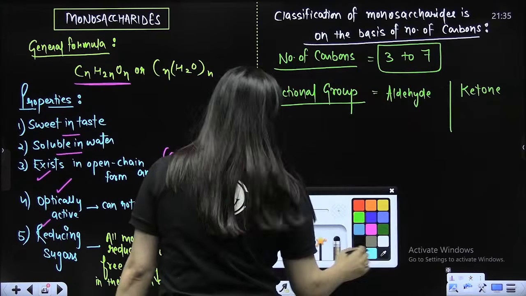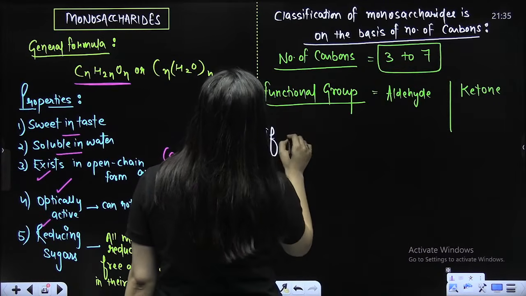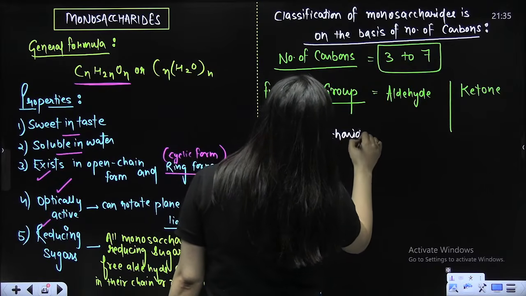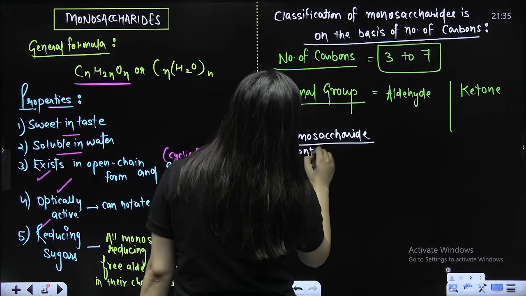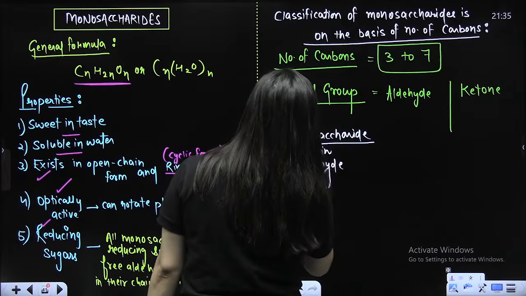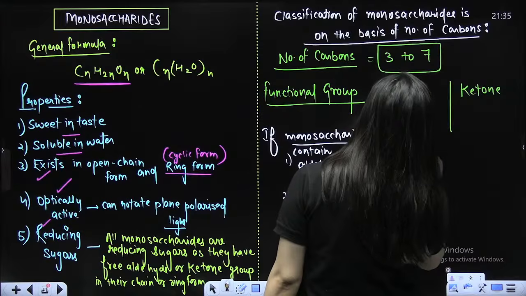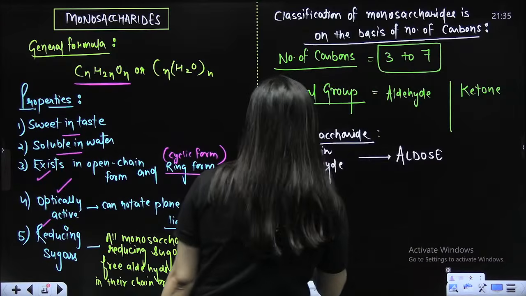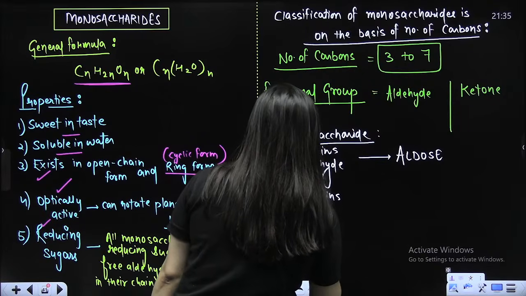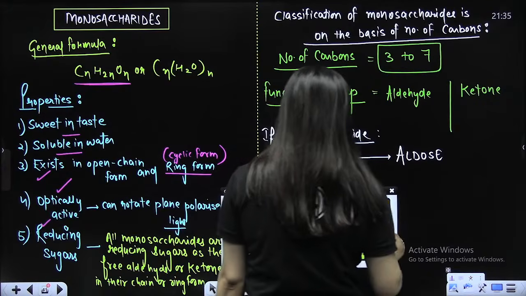Now imagine if your monosaccharide contains aldehyde, you will call it as aldose. What are you going to call it? Aldose. If it contains ketone, then you will call it as ketose.